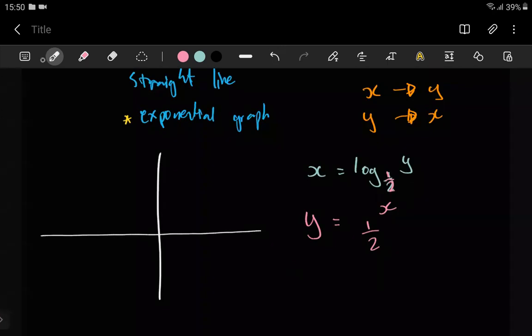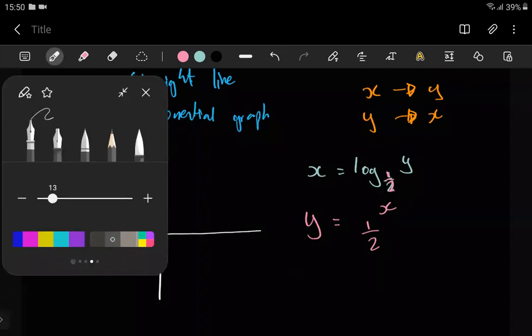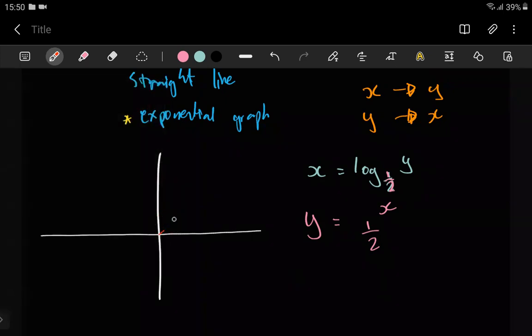The easiest thing to put there is our line of symmetry, right? So let's just throw that there. Perfect.